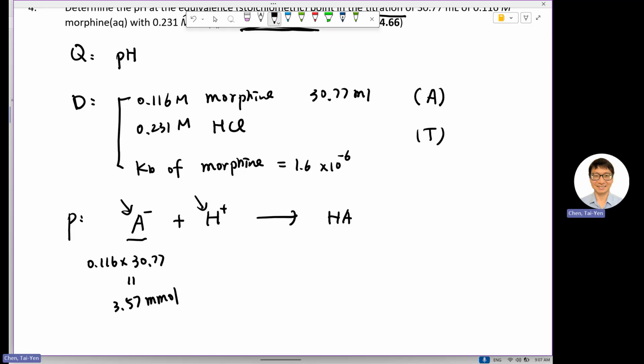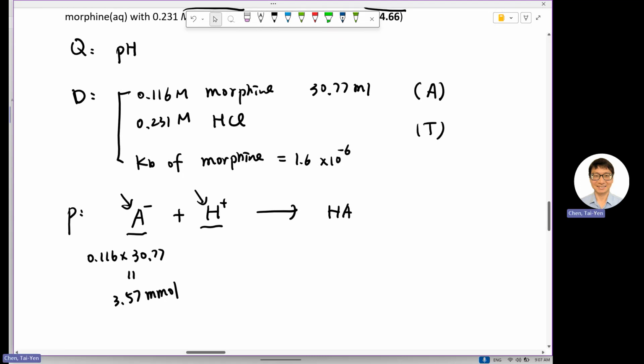So you know you have that many millimoles. The moles of protons from your strong acid is exactly the same, right? Even if you don't do the calculation, you know it has to be 3.57 millimoles.